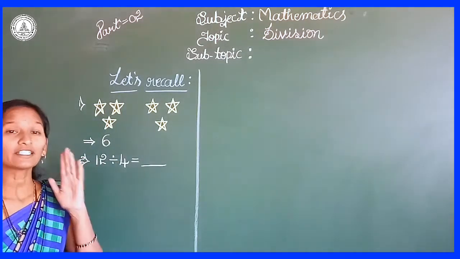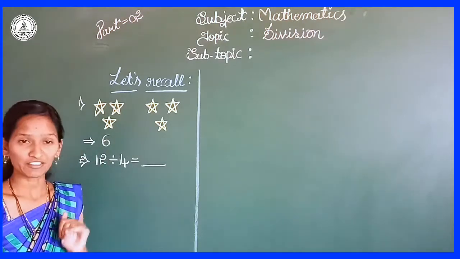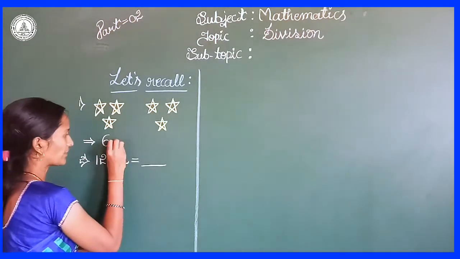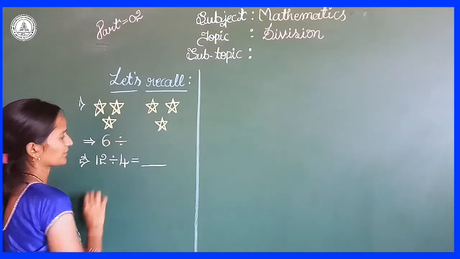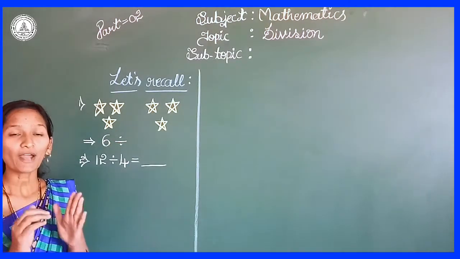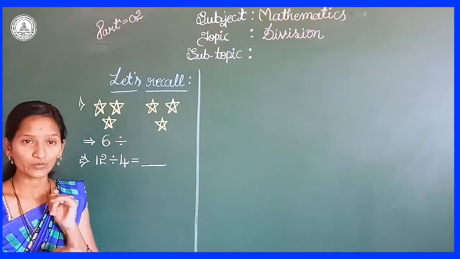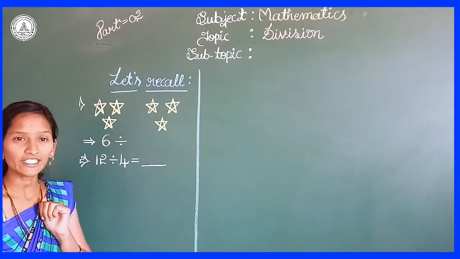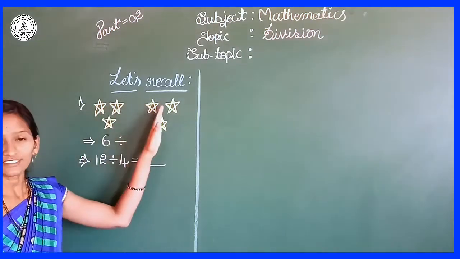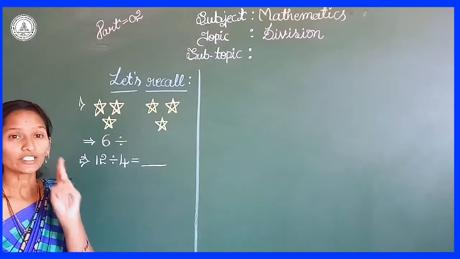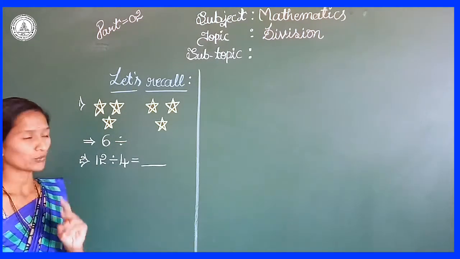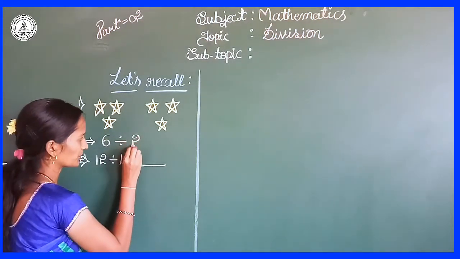You have to write the division symbol because it is a division chapter. Next, write down the number of groups. How many groups are there? This is the first group and this is the second group, so the total number of groups is 2. So I am writing 2 here.